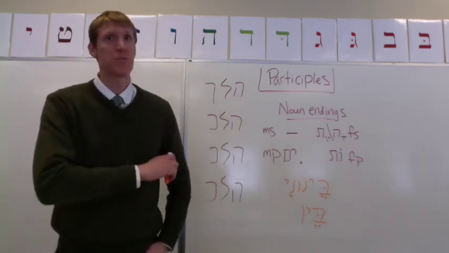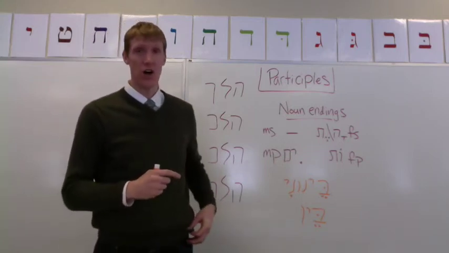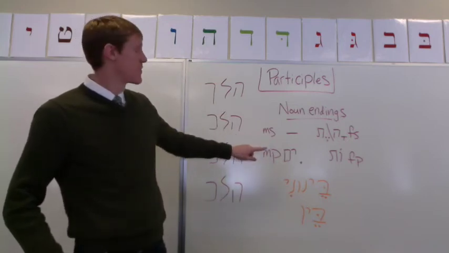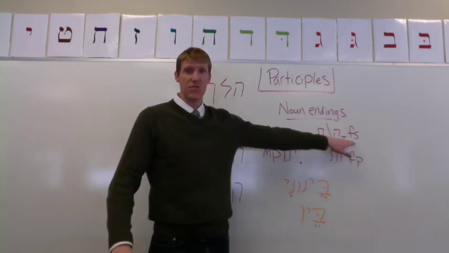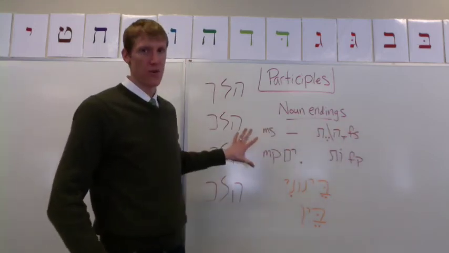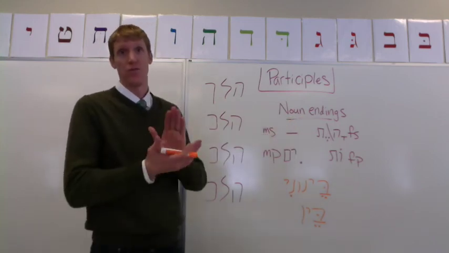Well, in participles, there's only 4. So that's a huge bonus. And the 4 are as follows: masculine singular, masculine plural, feminine singular, or feminine plural. Those are the only 4 forms that participles can take in Hebrew. So you may applaud.